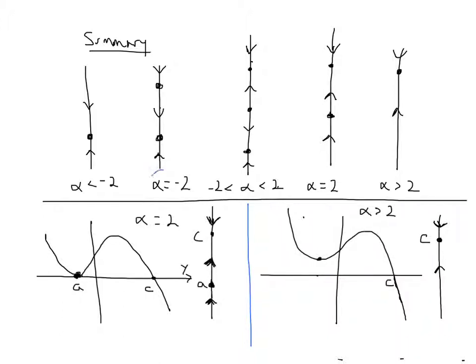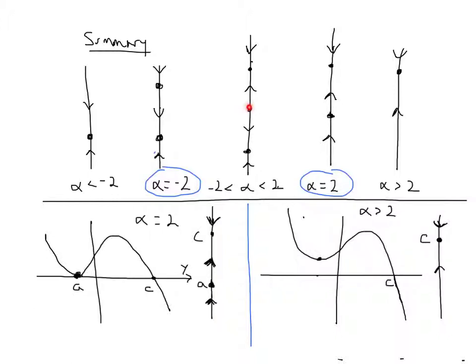And so I would conclude that the bifurcations occur when alpha is equal to -2 and when alpha is equal to 2, because to the left and right of those values, for values of alpha smaller than -2, I only have one equilibrium point. At alpha equals -2, I have exactly 2 equilibrium points, and for any value bigger than -2 but less than 2, I'll have 3.